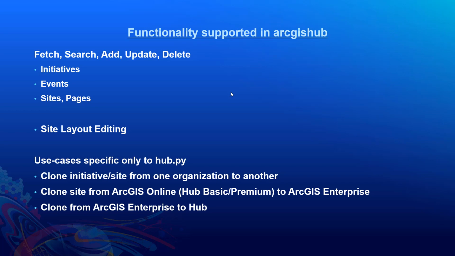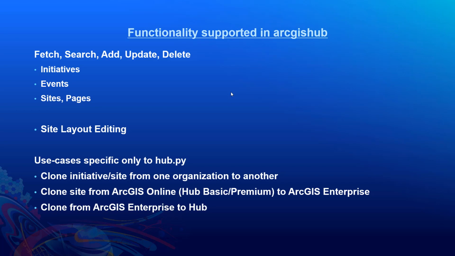But using hub.py, or the ArcGIS Hub Python library, you can clone an initiative or site from one organization to another, irrespective of whether the target organization is a Hub Basic or Hub Premium organization. The library intelligently understands if it needs to create a site item alone or a site and initiative item based on the features of your target Hub organization.